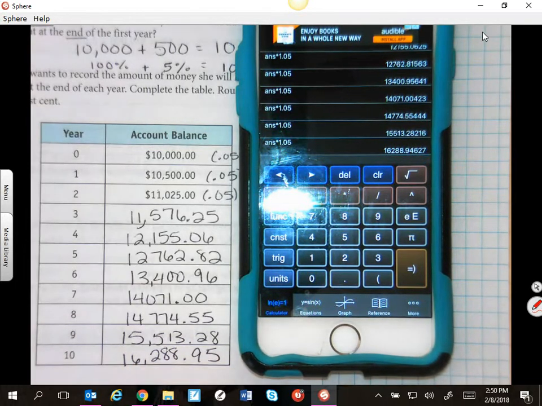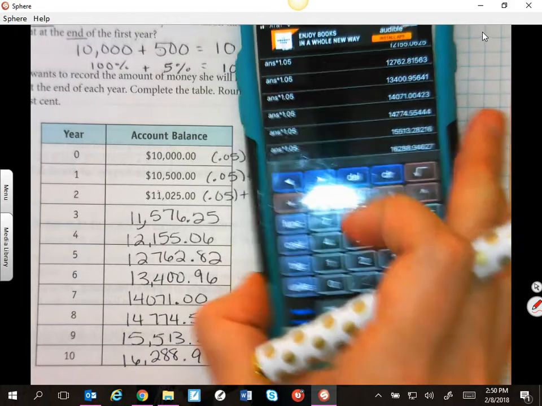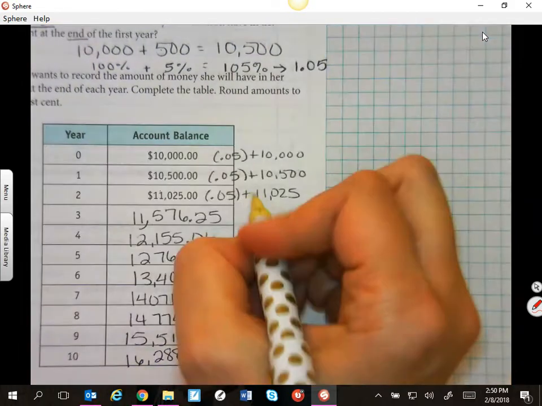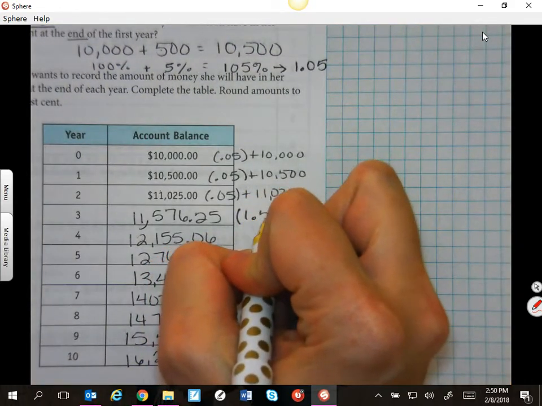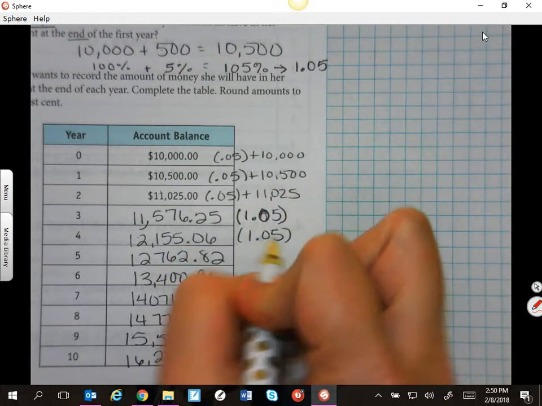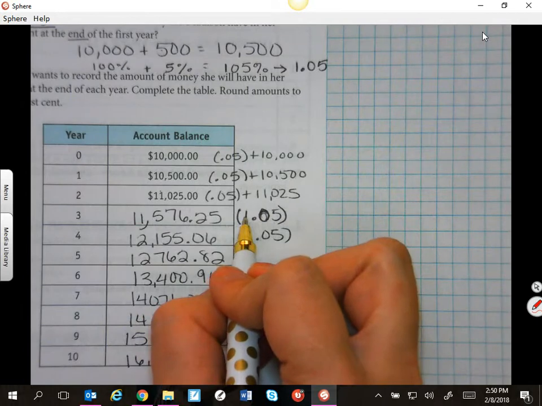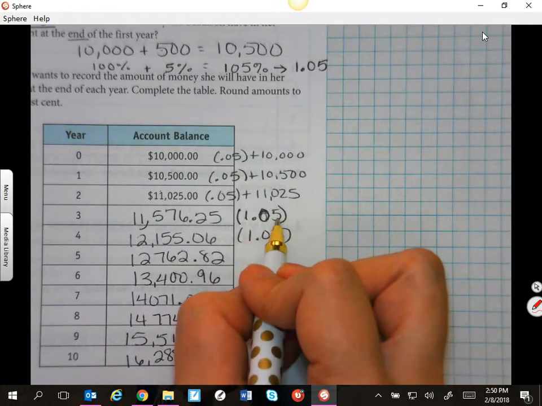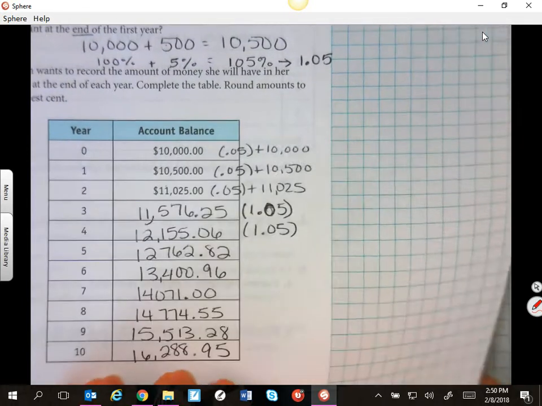So essentially, she's earned interest of $6,288.95. So keep in mind, all we're doing is adding that original piece in, which is this one, because that's 100%, plus that 5%.